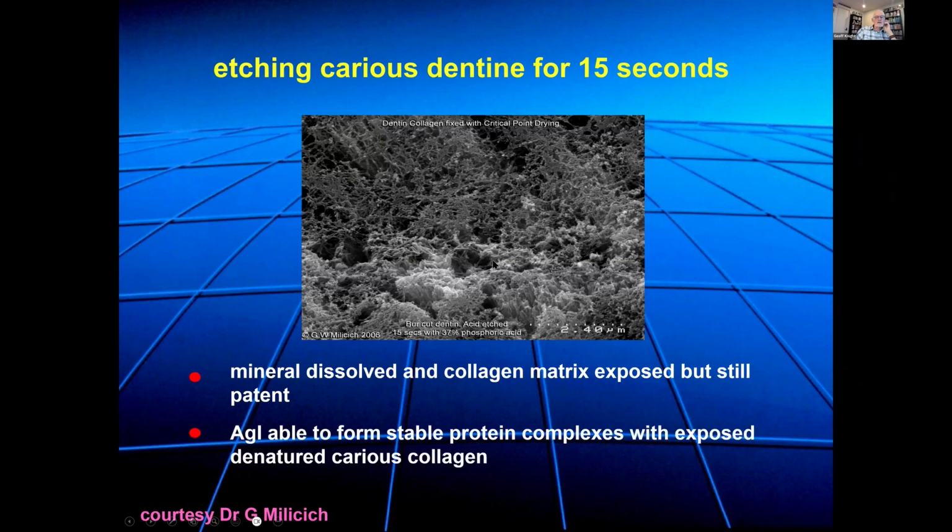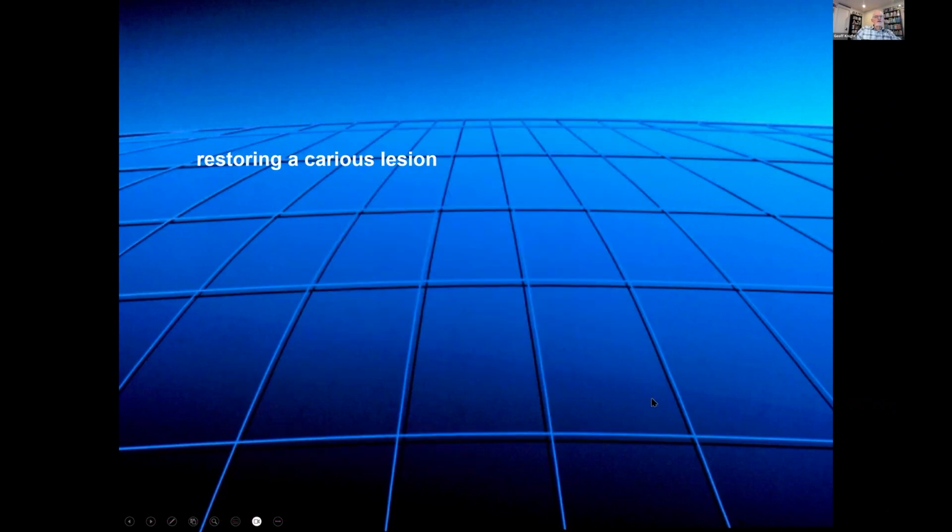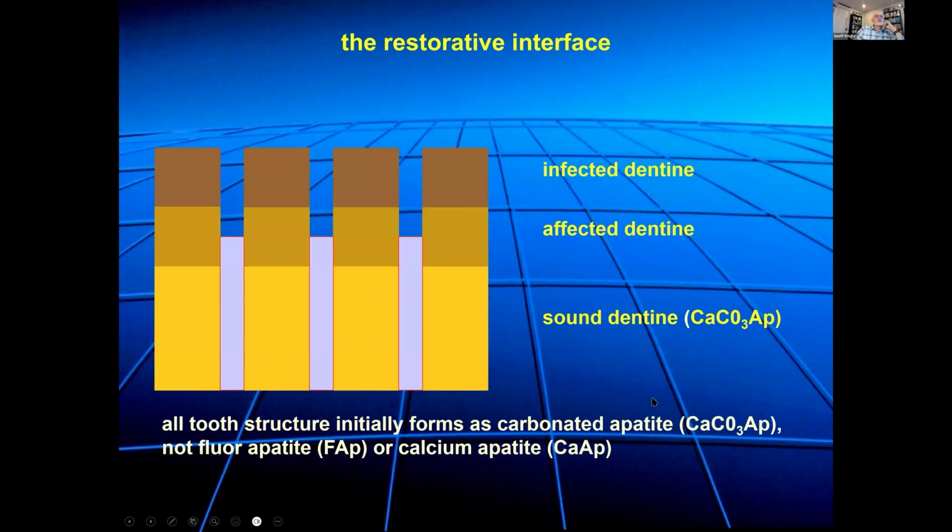The silver iodide is able to form stable protein complexes with that exposed collagen, so it's a much more stable situation than if you just painted the silver fluoride potassium iodide on the surface.